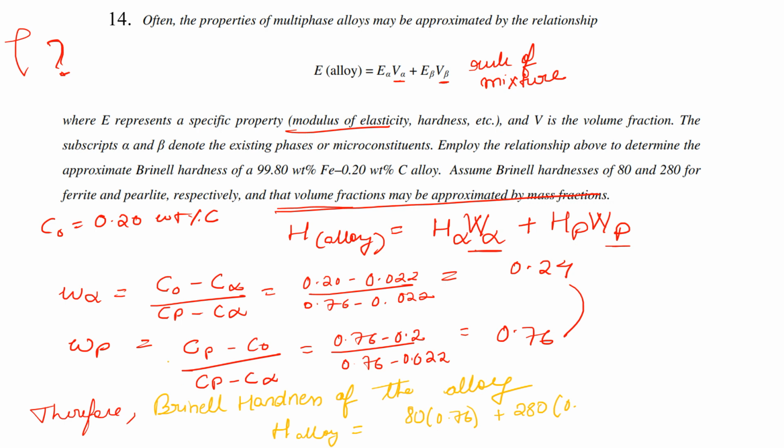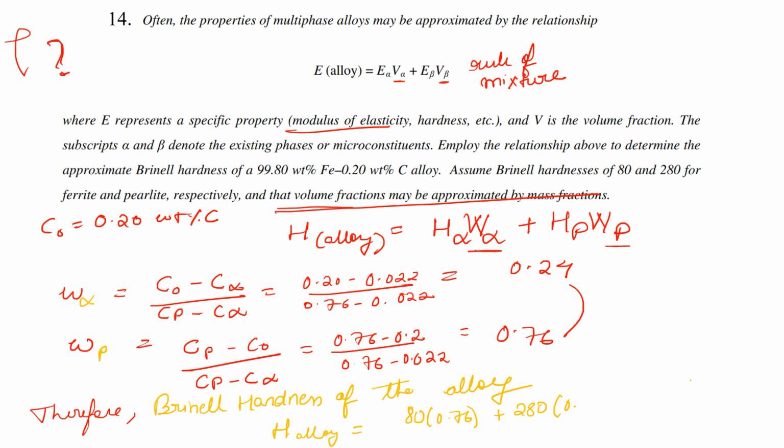Oops, I think I have mismatched it. Yes, so this was the weight fraction of pearlite, by the way. This should be pearlite and this should be alpha. Sorry for the confusion. This is alpha and this is pearlite, right?